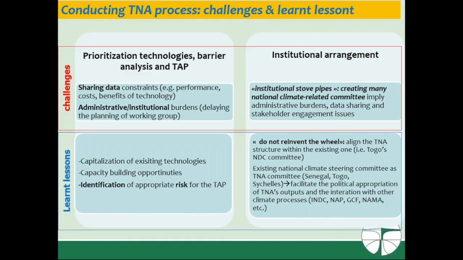And just now to come really into the concrete points that I would like to share with you is about challenges and lessons learned. So it can be analyzed throughout two angles. The first one is about the process itself. The process, what we have learned is that when it comes to the prioritization and barrier analysis, sharing data is the main constraint, and also the administrative institutional burden.